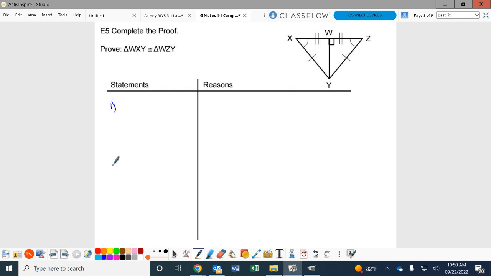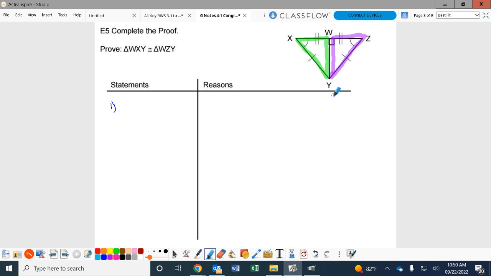Let's start with the sides. Look at your picture. Oh wait, before I even start that, just because some people see it much better when I do this. This is what we're trying to prove, guys. We're trying to prove that triangle WXY, that's this triangle right here, is going to be congruent to triangle WZY, which would be W, Z, and Y. Do you see those two triangles are next to each other?